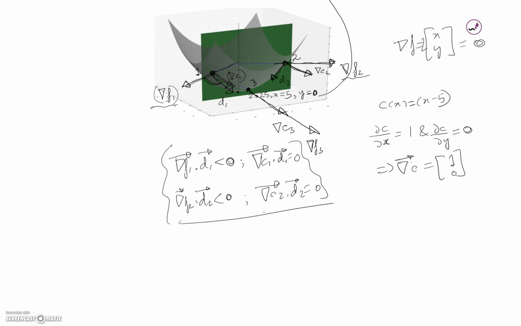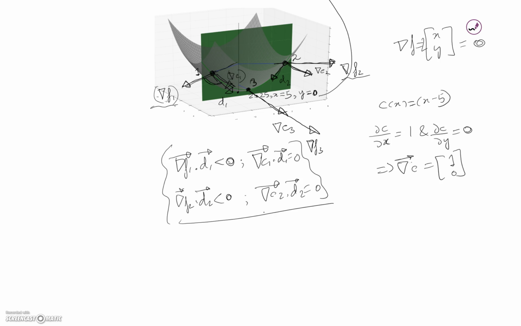So this means that at these points, if we go along d1 and d2, we are not violating the constraint, yet we are decreasing the objective function, which is exactly what we want to do. So obviously these points cannot be the optimal points.